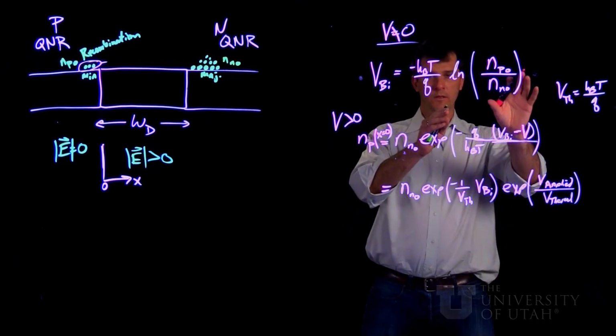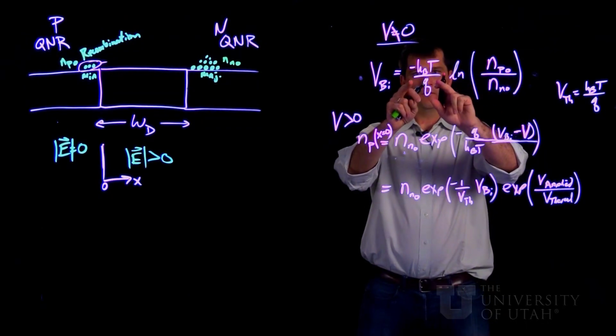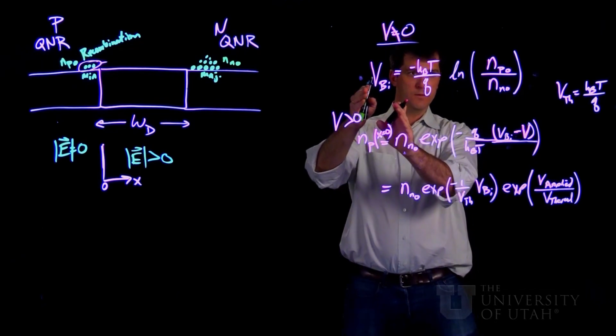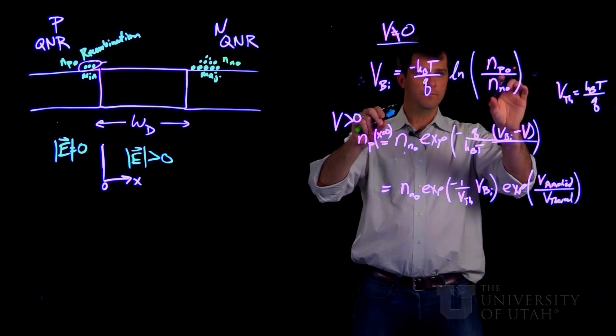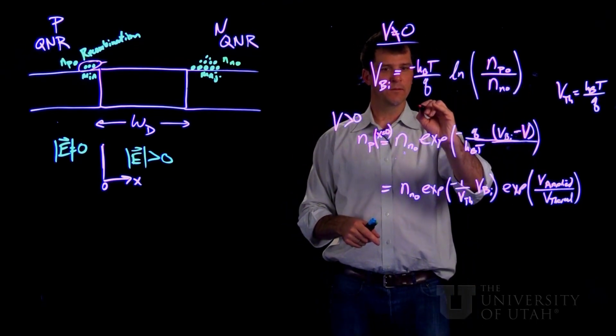So we can express the built-in voltage over V thermal as the exponential of, let's just shortcut straight to that, how about it?